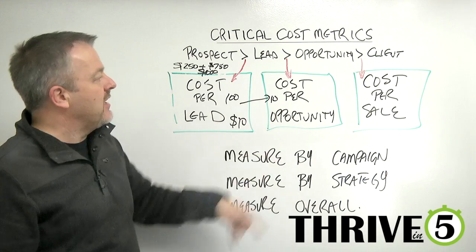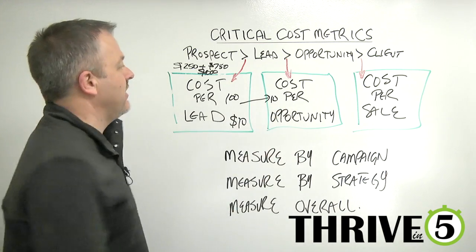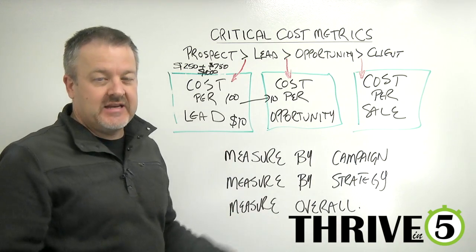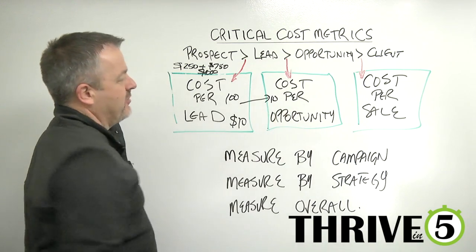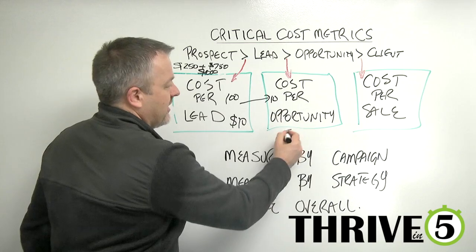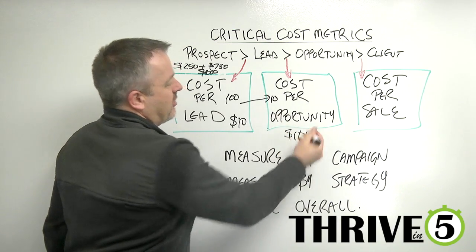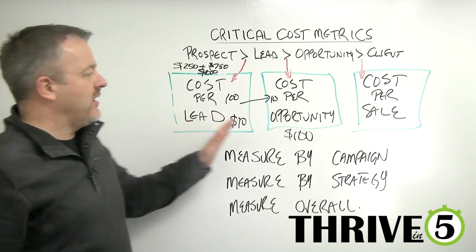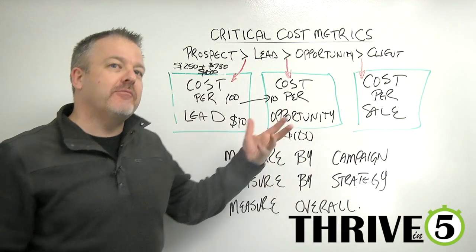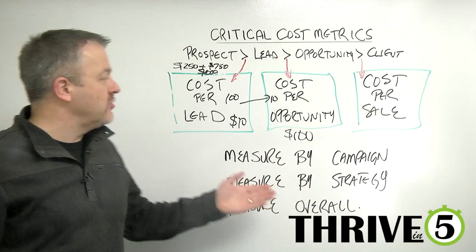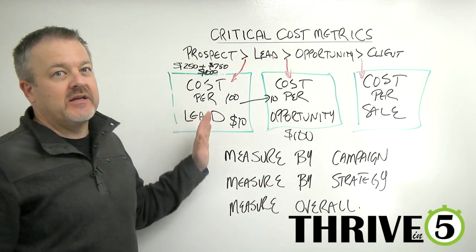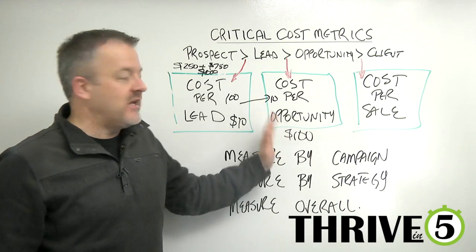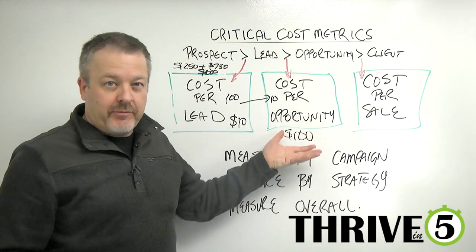They ask for help. Now what you've got to figure out is, okay, what is my cost per opportunity? An opportunity is someone who says, I need your help. And that cost per opportunity now becomes essentially $100 per opportunity. What's important about that is you now know what it costs you to get someone to the stage where you're giving them a proposal. So what's it cost me to get somebody to say, I'm interested in even talking to you? What's it cost you to get a person to actually say they want a proposal from you?